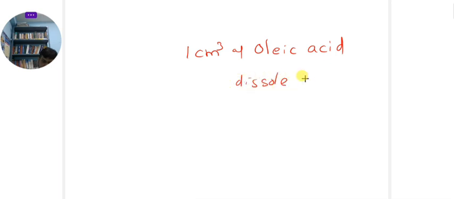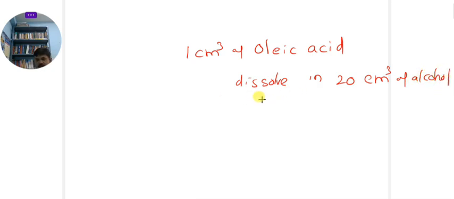Just take 1 centimeter cube of oleic acid, and this acid will be dissolved in 20 centimeter cube of alcohol.